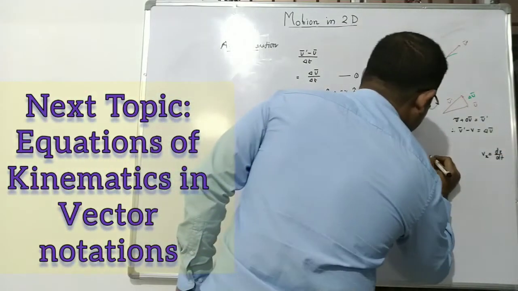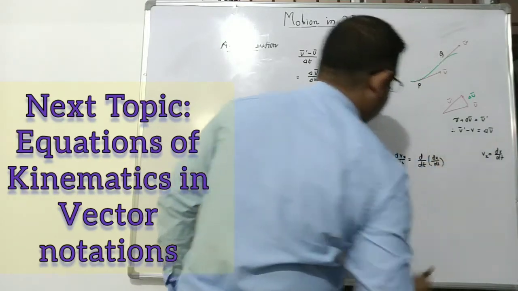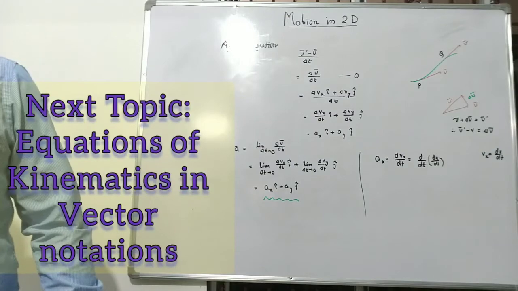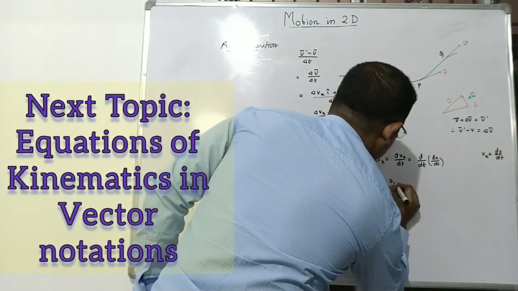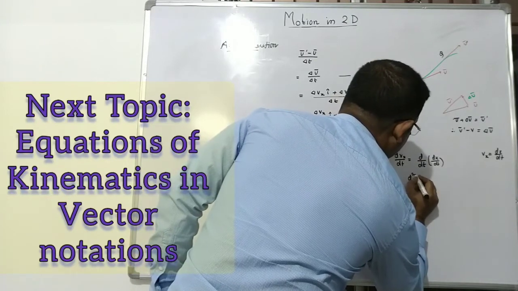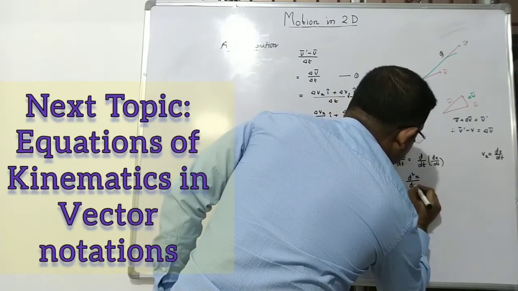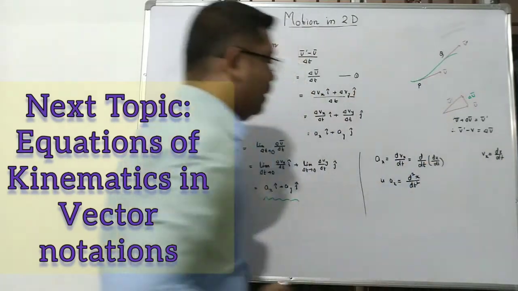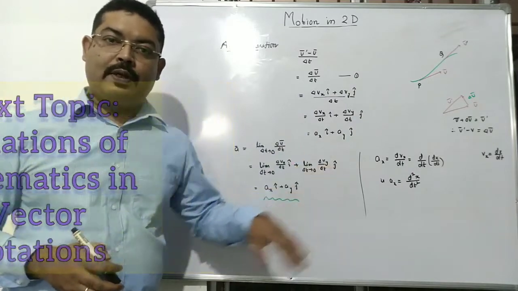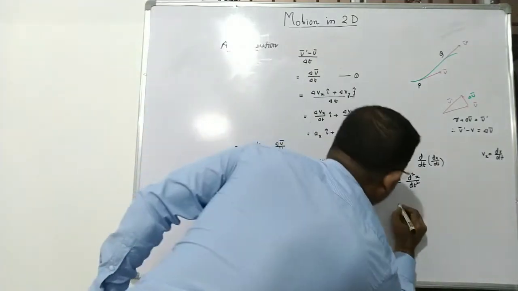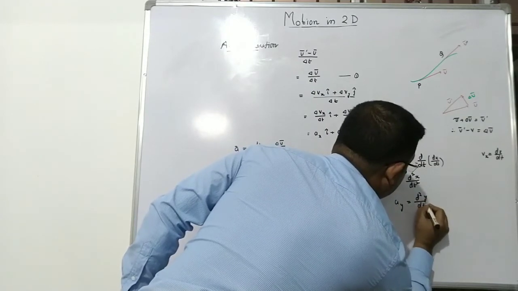So this can be written as d by dt of dx by dt. So ax is nothing but the second order derivative of x with respect to time. That is to say, it is the second order derivative of position with respect to time. Similarly, ay will be d square y by dt square.